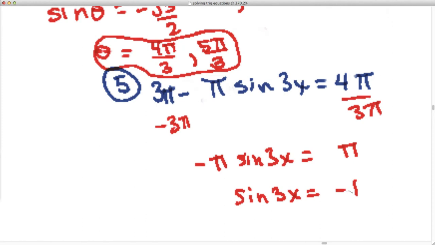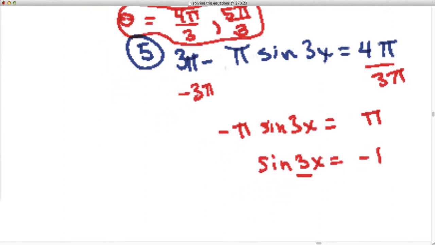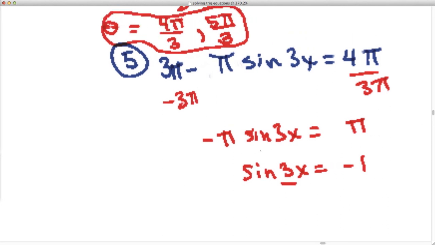But you have to take in the fact that there's a coefficient of 3. So either you can use your sum to product identities, or in my idea, it's just easier to do this. What this question is asking you for is, where does sine equal negative 1, sorry.